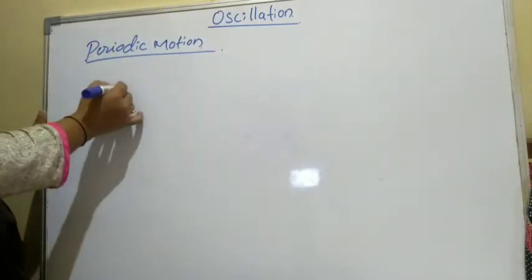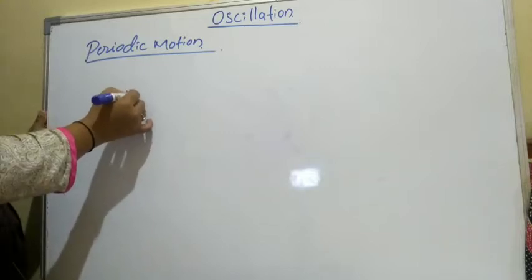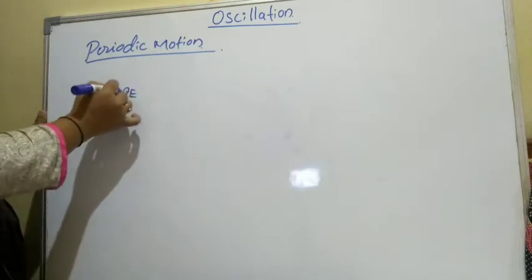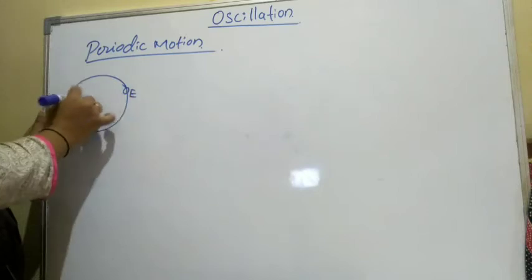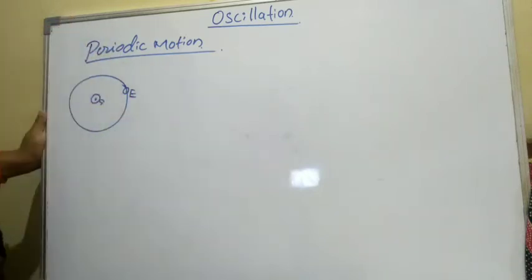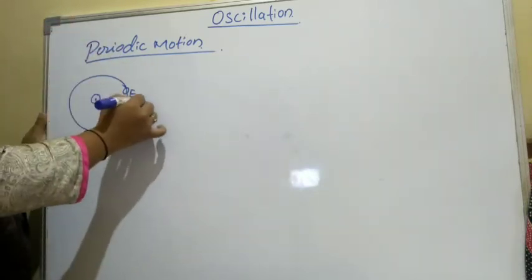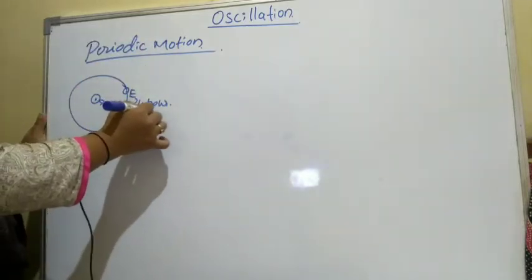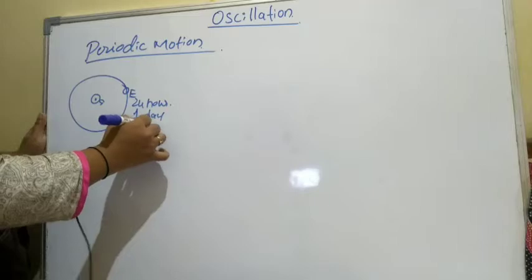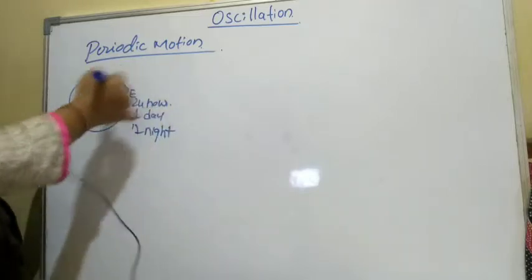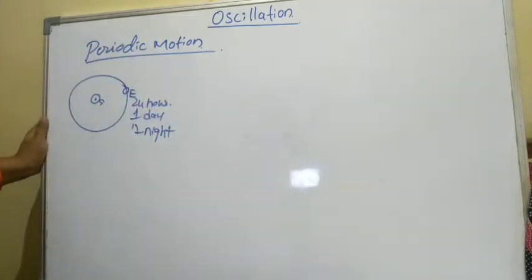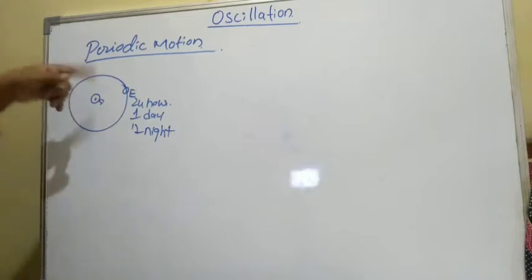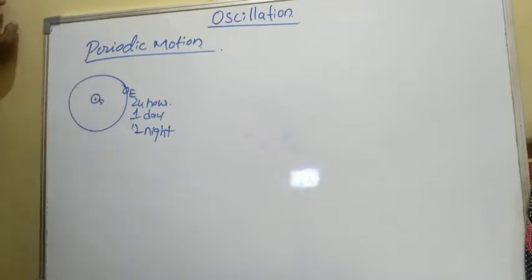If we consider the earth, it is revolving around the sun. We have 24 hours per day, and we get one day and one night. For every 24 hours, the same process goes on, so it is repetitive in fixed intervals of time.